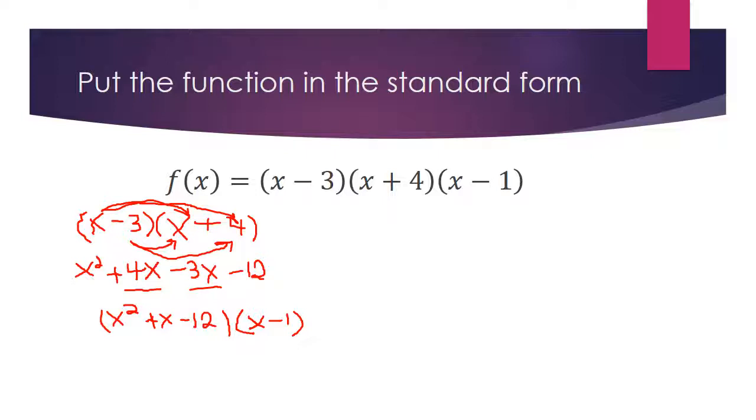That means I'm going to multiply x squared by x, which is x to the third, x squared by negative 1, which is negative x squared. Then we multiply x by x, which is x squared, so plus x squared, and x times negative 1, which is negative x.